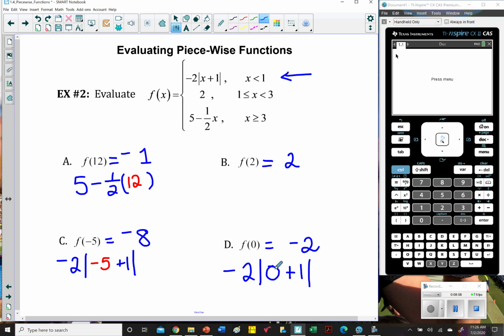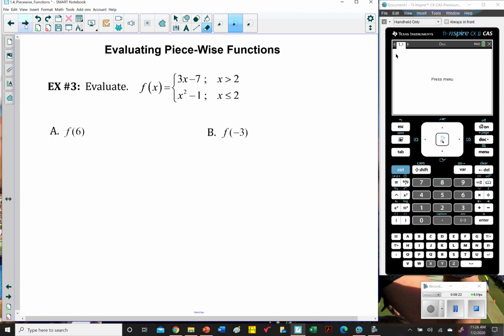So we can evaluate piecewise functions simply by paying attention to which equation fits the subdomain for the given x values in our expression. Here's one for you to try. You can turn off the video and work for yourself, and then come back to check that your work matches my work.